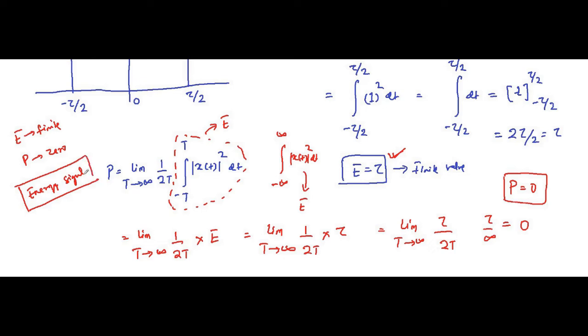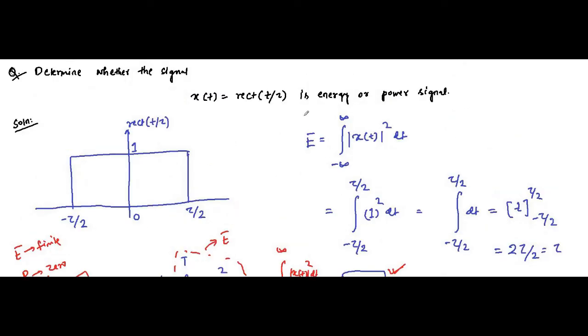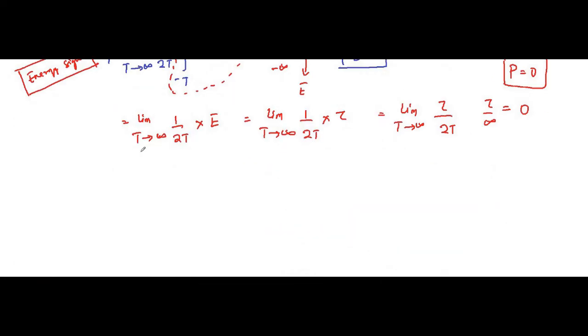So this satisfies the condition of an energy signal: finite energy, power should be 0. For a power signal it is finite power, infinite energy. So the rectangular pulse function given is an energy signal.